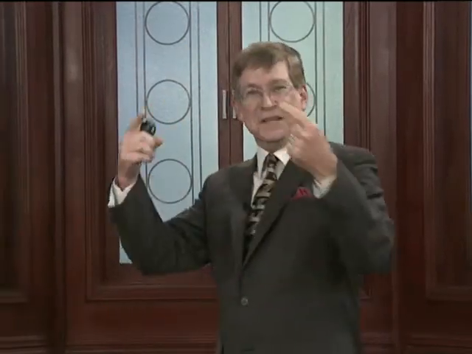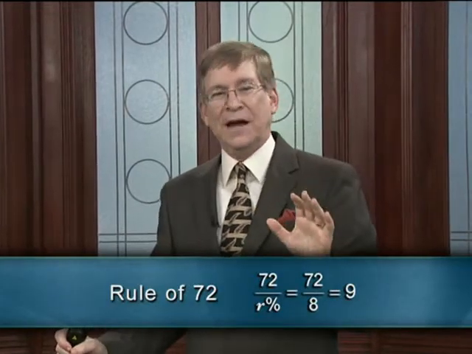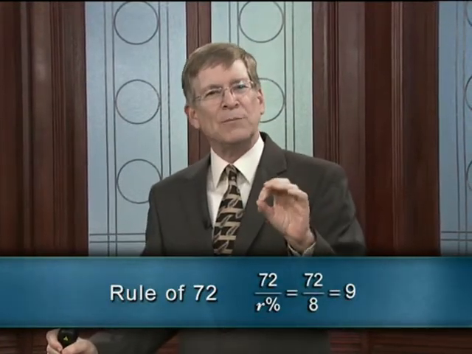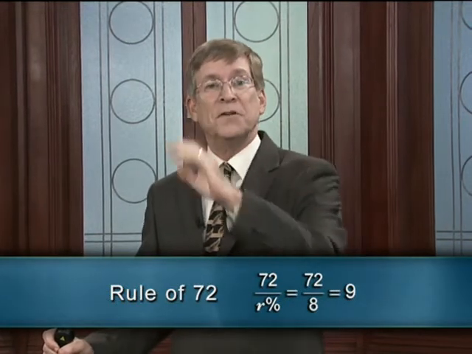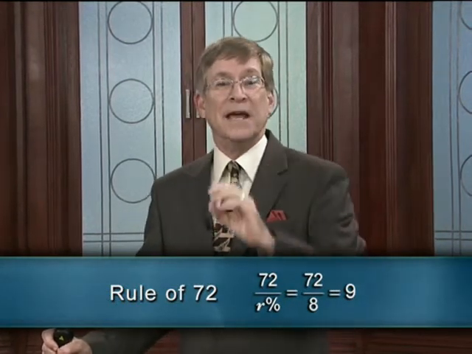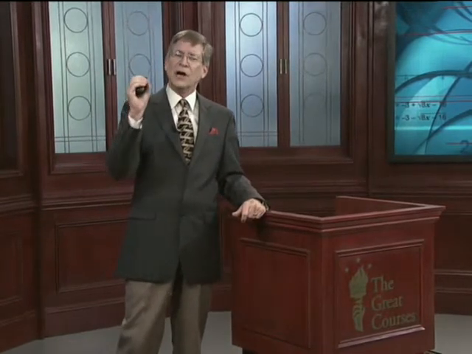What that rule says is, if you want to know the doubling time, take 72 and divide it by the interest rate. Well, in that problem, the interest rate was 8. 72 over 8, 9. Bingo, we got the answer a lot quicker. So the rule of 72 is a nice approximation technique for compound interest compounded annually.